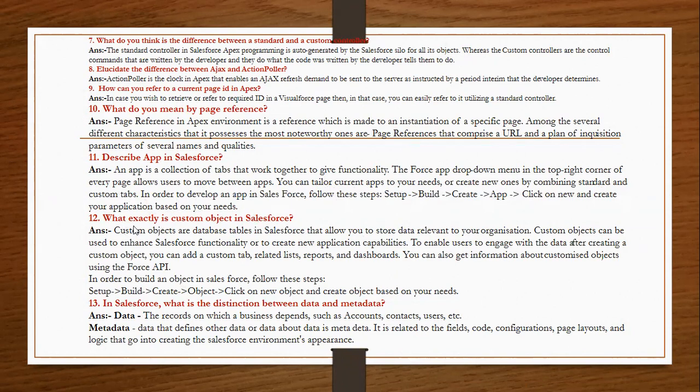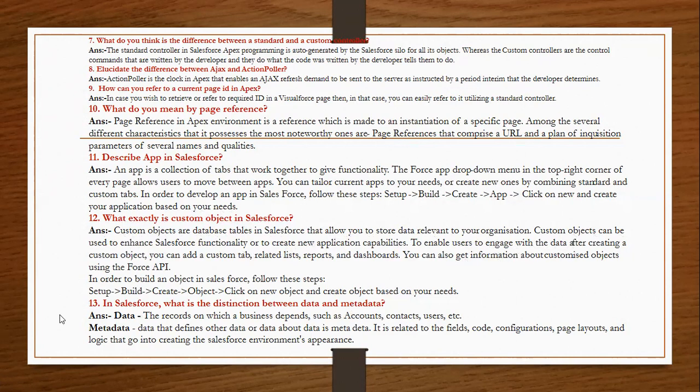Next question: what exactly is a custom object in Salesforce? Custom objects are database tables in Salesforce that allow you to store data relevant to your organization. Custom objects can be used to enhance Salesforce functionality or create new applications that enable your users to engage with the data.